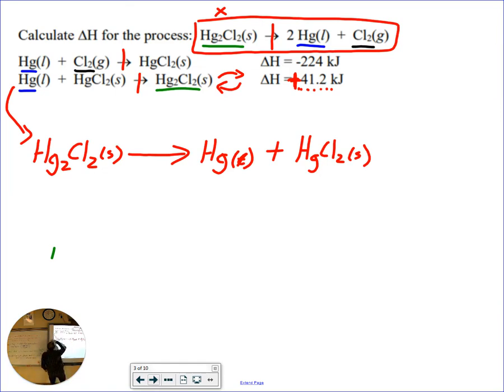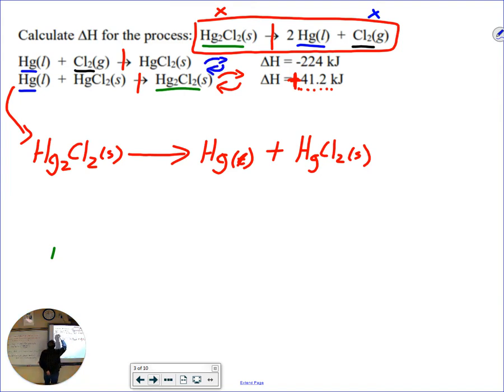Okay. Well, let's look at our other pieces here. Looks like Hg's everywhere, so let's leave that alone. Let's go look at our Cl2. Our Cl2, it's in the product side in our puzzle up there. Is it in the product side here? It is not. So what are we going to have to do with this piece up here? We're going to have to flip it around too, right?